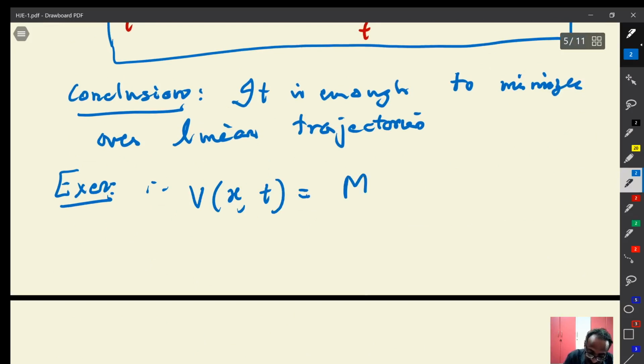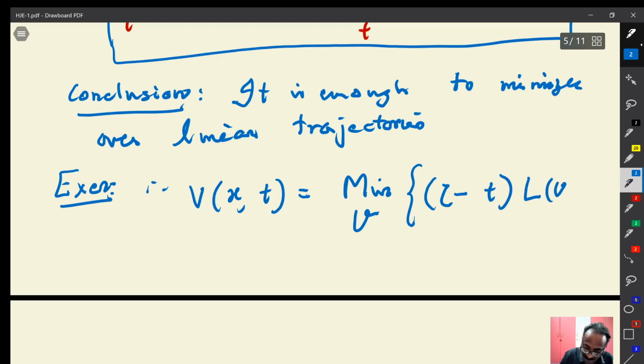It's enough to minimize over V the integral of tau minus t, L of V. So this is a minimization over V over R. So the problem of minimizing over trajectories reduced to a minimization over real.